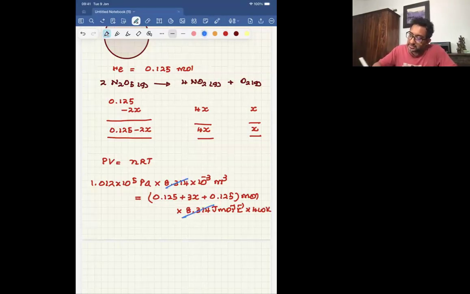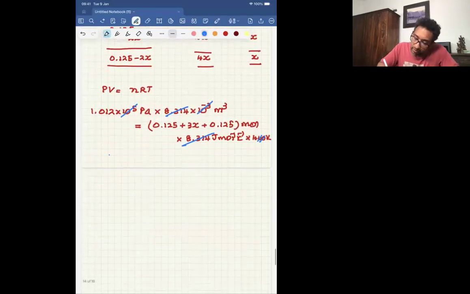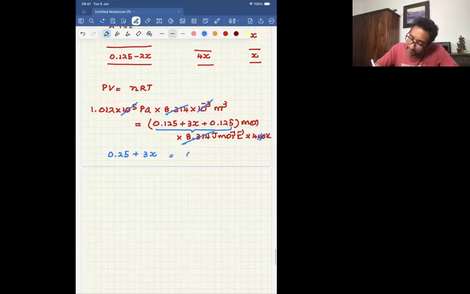8.314, 8.314 cancels out. 10 to the power minus 3, 10 to the power 5 is 10 to the power 2. I add them together: 0.25 plus 3x is equal to 1.012 divided by 4, 0.253. 3x is equal to 0.003.